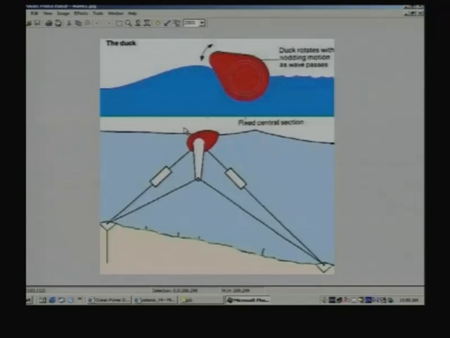Can you explain the oscillatory motion? Because of the wave, it will push this part, as a result it will move that way. Again, as the wave passes by, it will come back to this position because of its own weight. There is weight here, so it will go on oscillating like this.